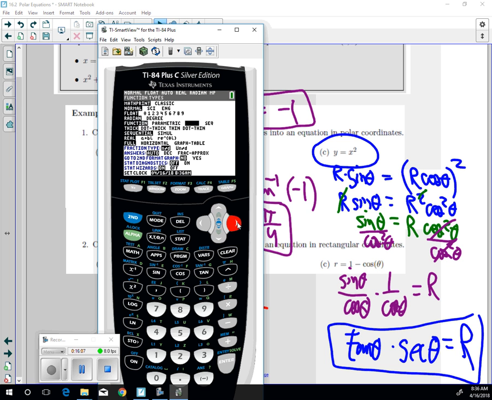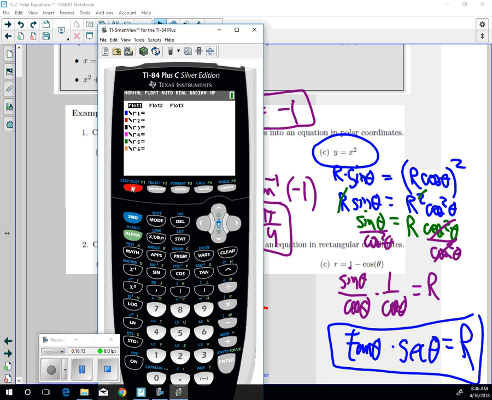Polar, and we'll enter. And then when I do that, you'll get y equals will be r's now instead of y's. And we're going to put tangent theta, and the calculator doesn't have secant, so we're just going to divide by cosine theta. Okay. And when I graph it, it should look very parabolic.